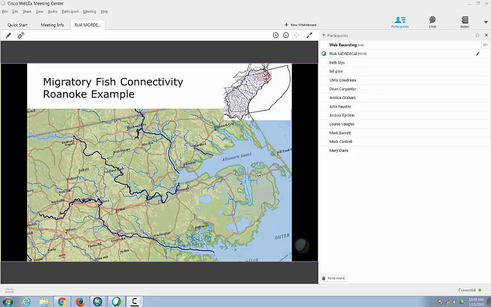Just a quick question. This is Dean again. It raised a question in my mind about the eel data. To have it included, how much of the landscape would you have to have the data for? 90%? The whole geography we'd need. You'd have to have the whole geography to incorporate it, then?